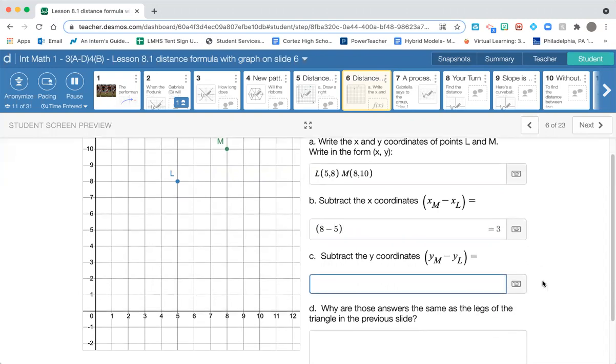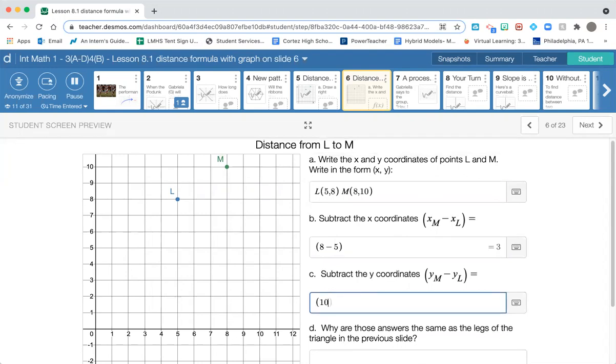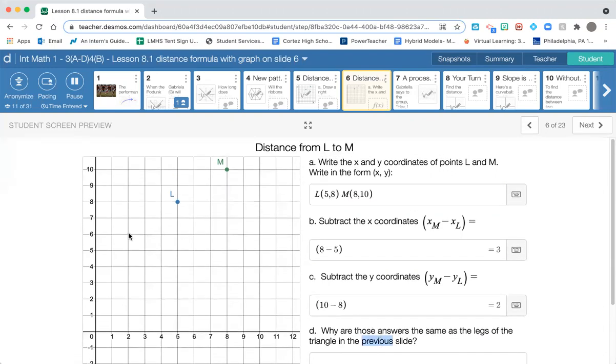Makes sense, right? And if we do the same thing for the Y coordinates, we don't really know why we're being asked to do this, but maybe we'll see something soon. This question here is asking, why are those answers the same as the legs of the triangle on the previous slide? Well, you could take note of just the X coordinate. Let's start there.